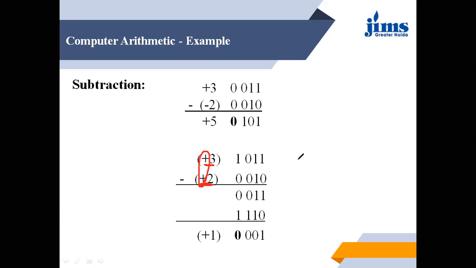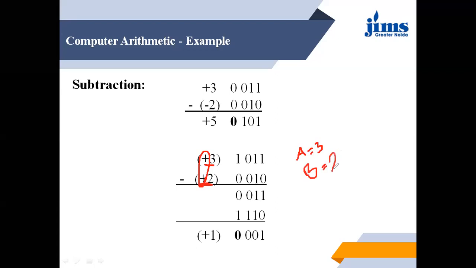So A is equal to 3 over here, or the magnitude of A is 3, and the magnitude of B is 2.